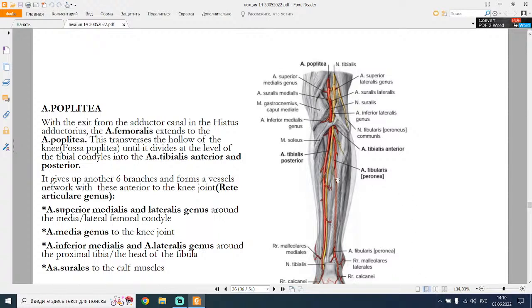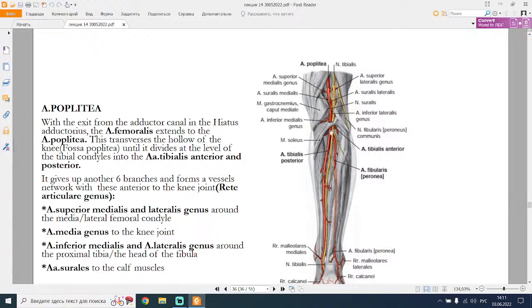This traverses the whole of the knee, fossa poplitea, until it divides at the level of the condylus tibialis into arteria tibialis anterior and posterior.